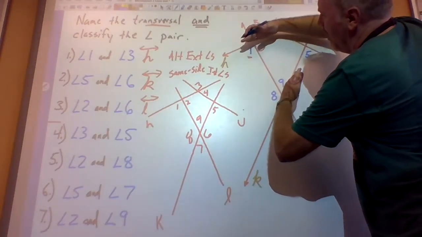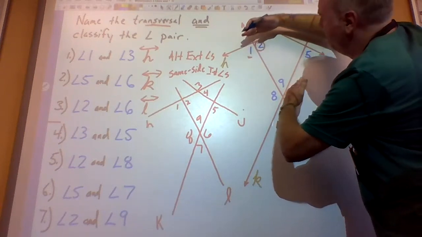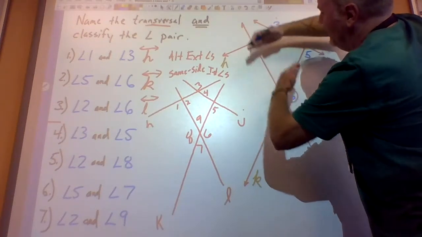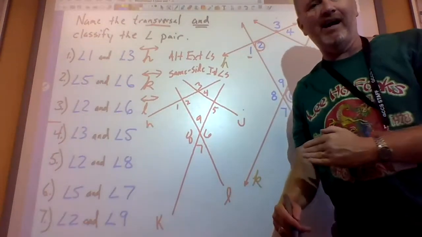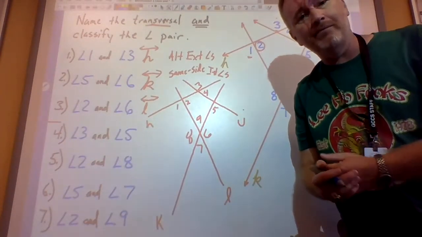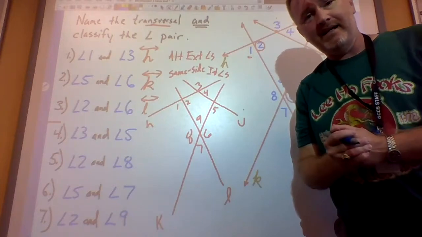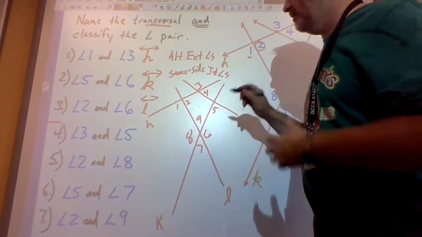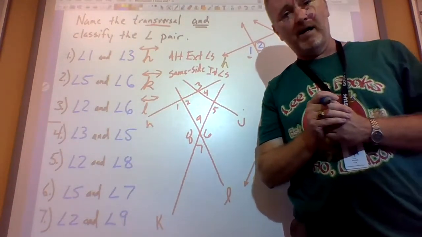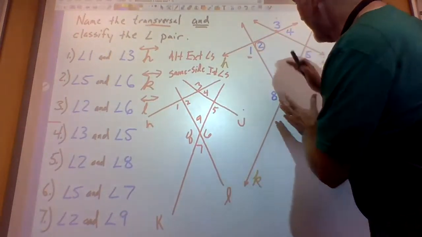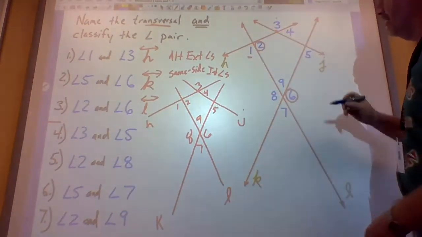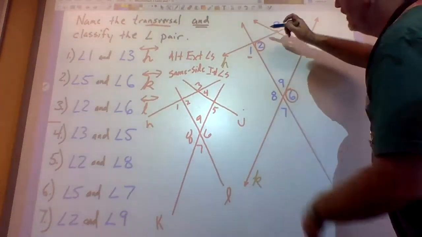When I block them off for interior and exterior, I notice that 2 is on the inside, but 6 is on the outside, all right? And there's only one relationship, one of the new 4, that does that. That's corresponding. Before I write down corresponding, I'm going to say, do they match up with each other? Now these are kind of cockeyed angles.